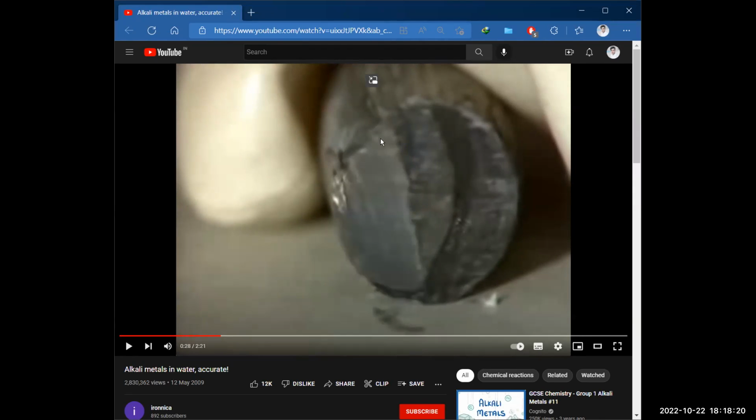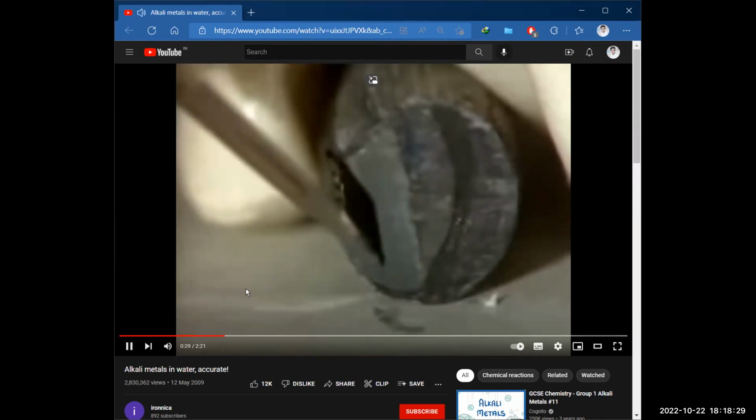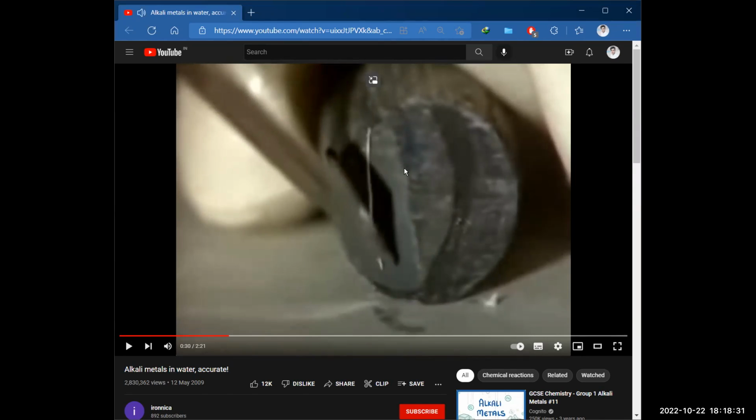Why does that happen? Because it easily reacts with air. That is why we must store it in oil. You see how that black layer is oxide, which in this case, since this is lithium, would be lithium oxide because it reacts with oxygen in the air.